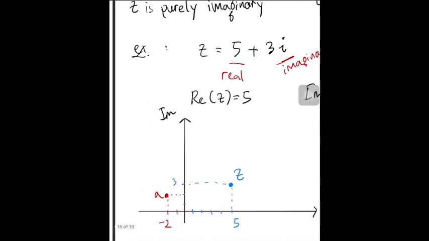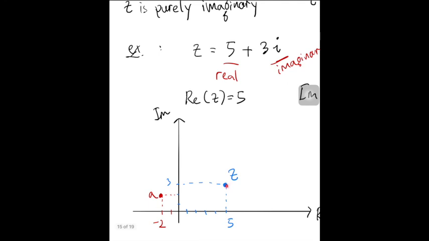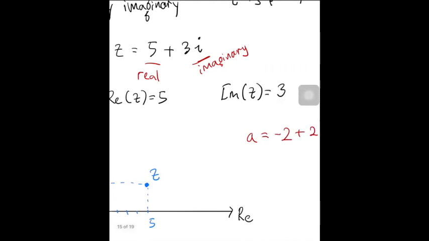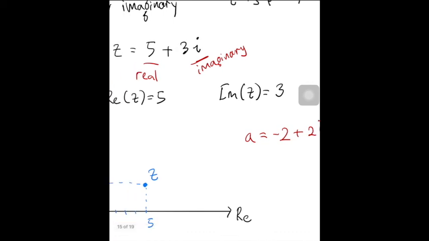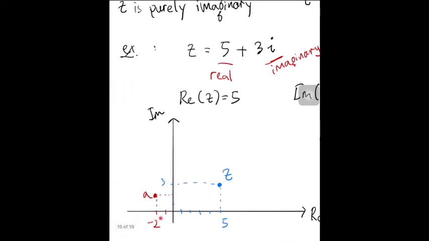If you have z equal to 5 plus 3i, this is your z. If you have other numbers in this complex plane, for example negative 2 plus 2i, so negative 2 here and 2i here, it goes here.